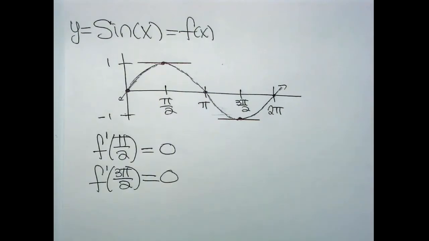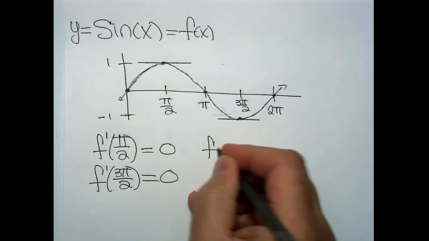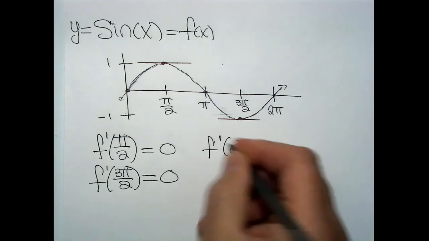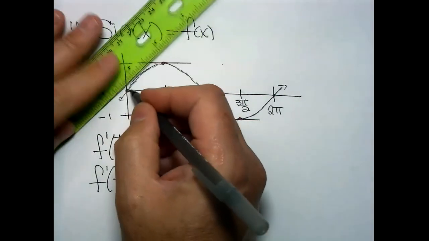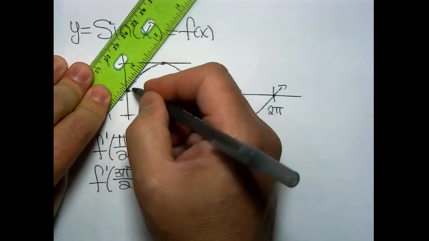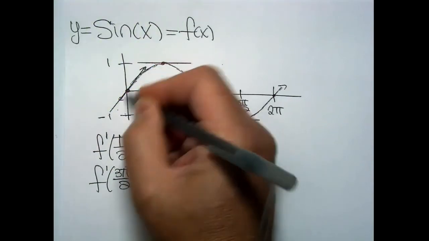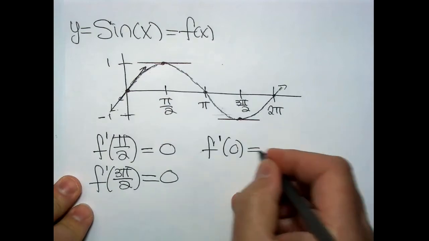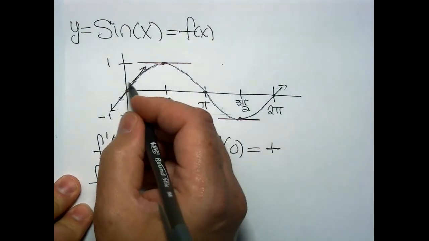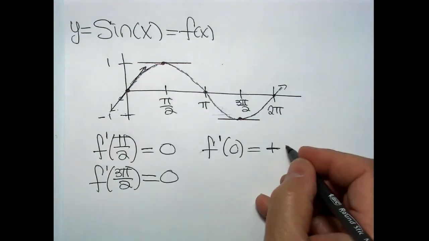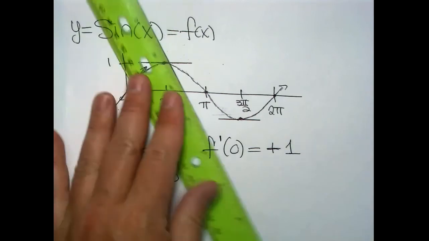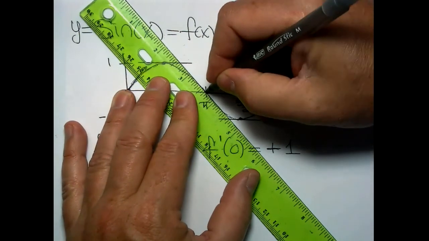A couple more questions. Let's do the f prime at 0, and that would be right here. Well, maybe we don't know the slope, but it's definitely a positive slope. It's a positive slope. Ends up being slope 1. What about over here at pi?